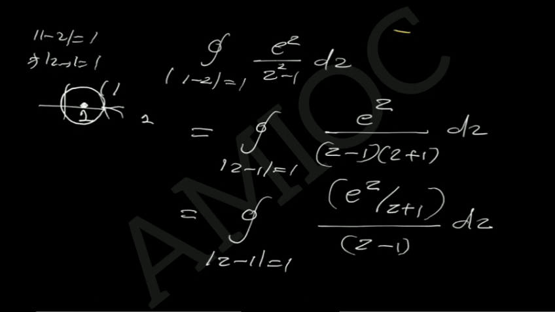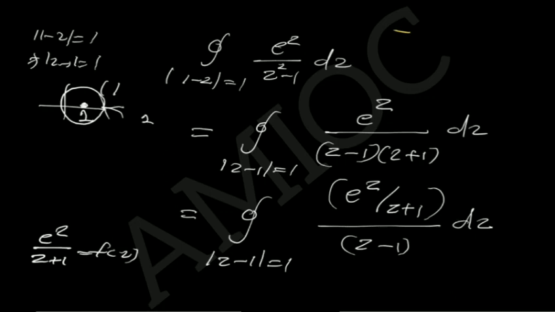If we consider e raised to z divided by z plus 1 as f of z, then it is analytic in the region mod z minus 1 equal to 1, since e raised to z is analytic and z plus 1 is analytic there. Therefore, e raised to z divided by z plus 1 is analytic interior to C, and in z minus 1, the point a equal to 1 is an interior point to C. Therefore, by making use of Cauchy's integral formula, we can evaluate the complex integration of this function.